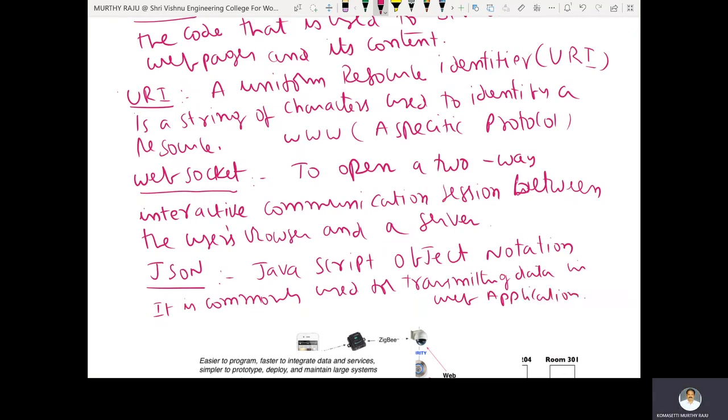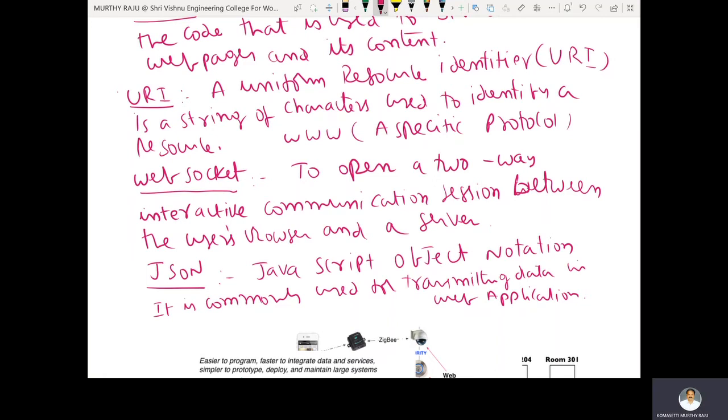These are some important standards. Web of Things is a subset of the IoT and built around software standards such as REST API, HTTP, URIs, WebSockets, HTML, hypertext markup language, and also JSON.